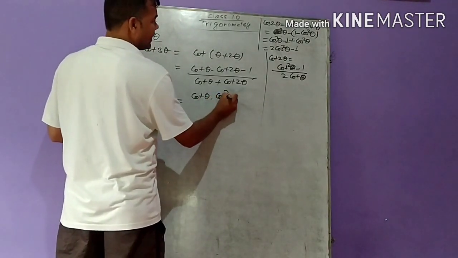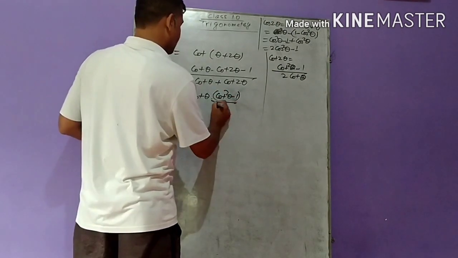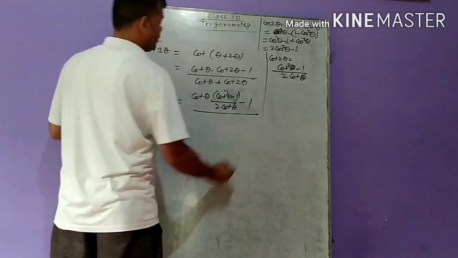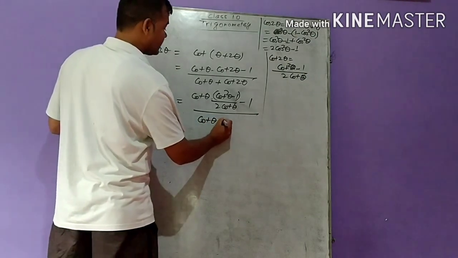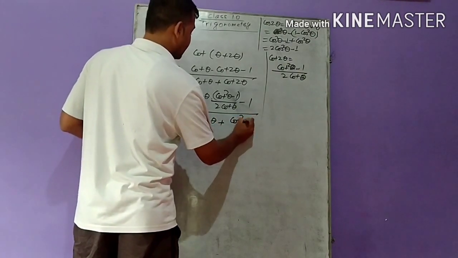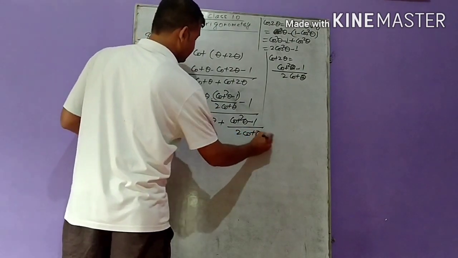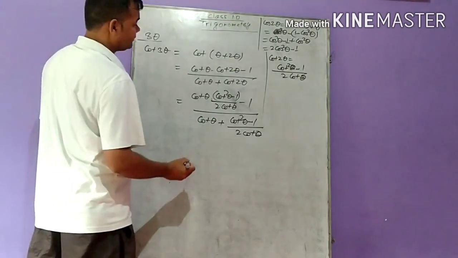Cot square theta minus 1 by 2 cot theta, minus 1. In the same way, here also you can use the same formula: cot theta plus cot square theta minus 1 by 2 cot theta. Now we can proceed.